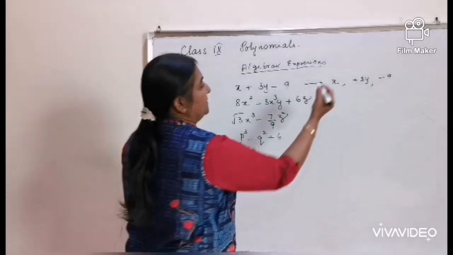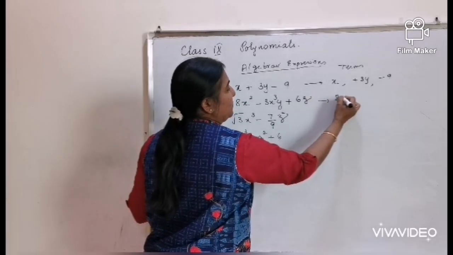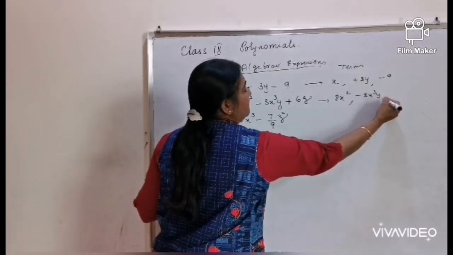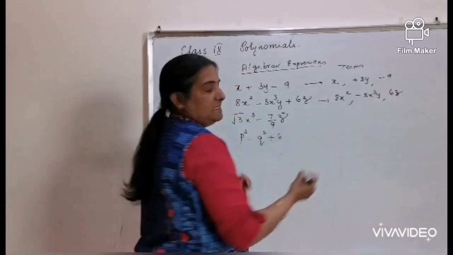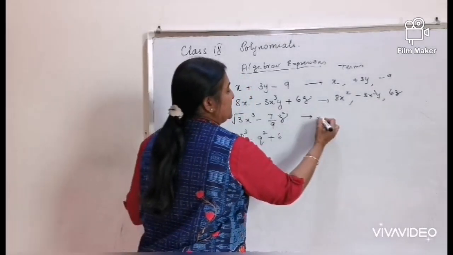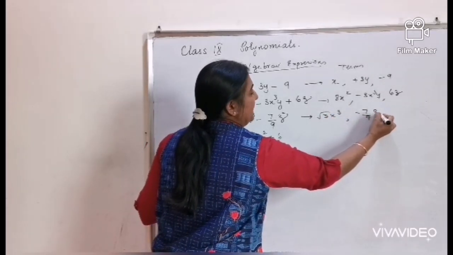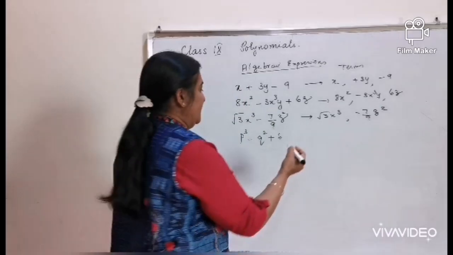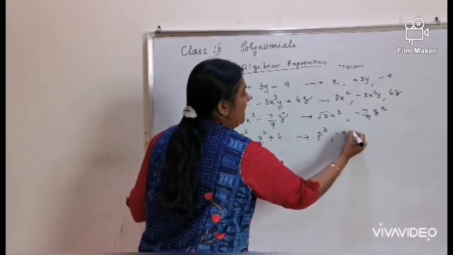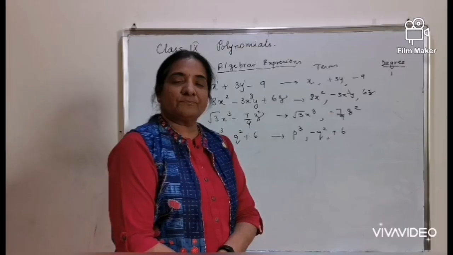What are the terms of the next expression? They are 8x square, minus 3x cubed y, and 6z. Here, root 3x cube, comma, minus 7 by 9 z square. And this expression is made up of p cubed, minus q square, and plus 6.